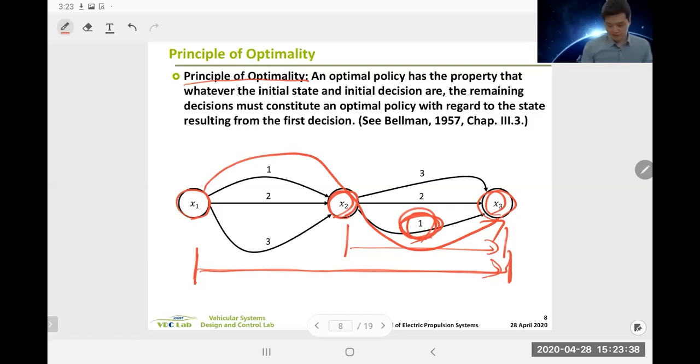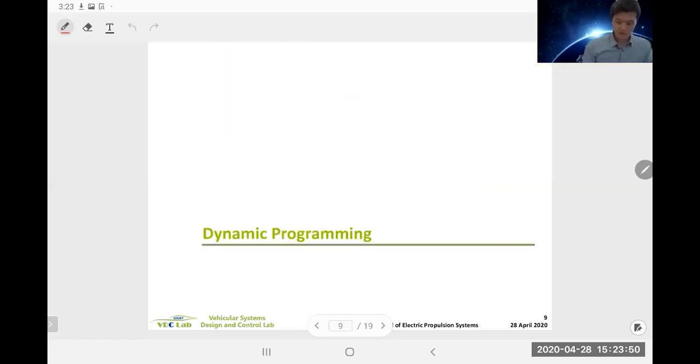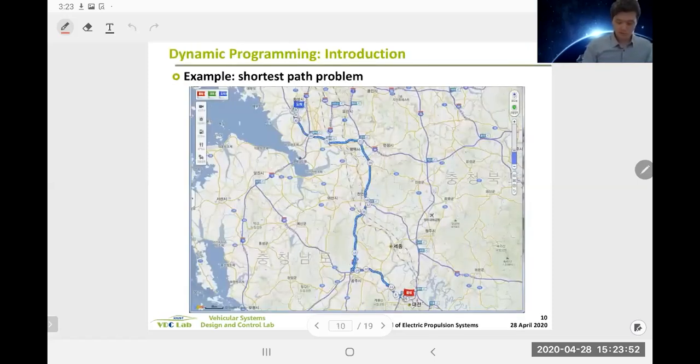Anyway, so this is a very powerful principle or finding, okay? If we know this, then we can solve more complex problems more efficiently.